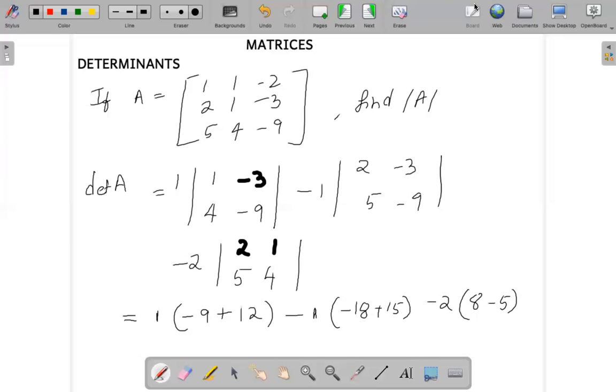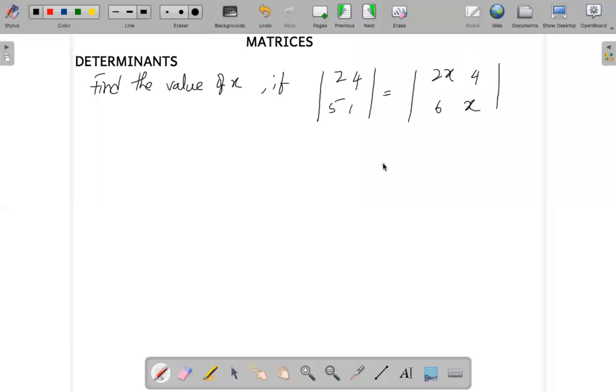So we got this. So this will be 3, and this will be plus 3, and this will be minus 6, which is 0. So let us solve this to find the value of x now.